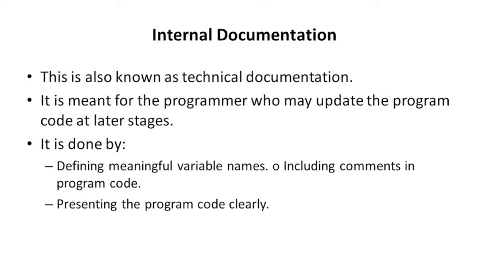Internal documentation is also known as technical documentation. This is meant for programmers who may update the program code at later stages. It can be done by defining meaningful variable names, including comments in the program code, and presenting the program code clearly.